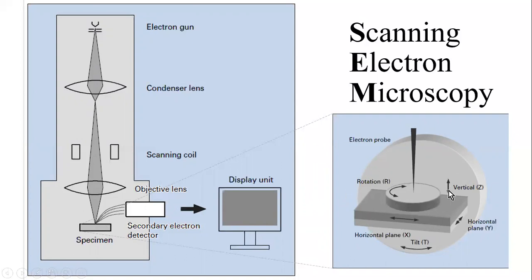You can tilt all over here to see a different angle, okay? So remember that the condenser lens are used to make this electron beam have a different diameter. This is the secondary electron detector, and we're going to talk also about this secondary electron. What are the secondary electrons?